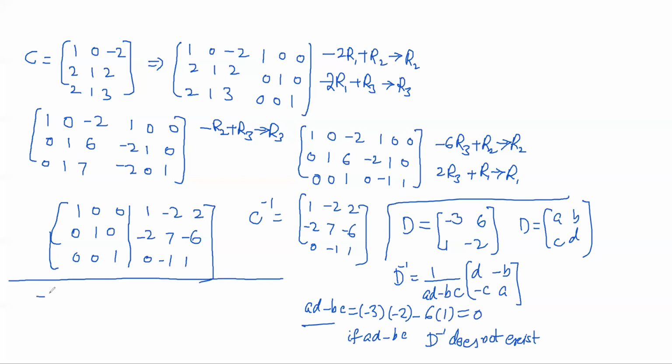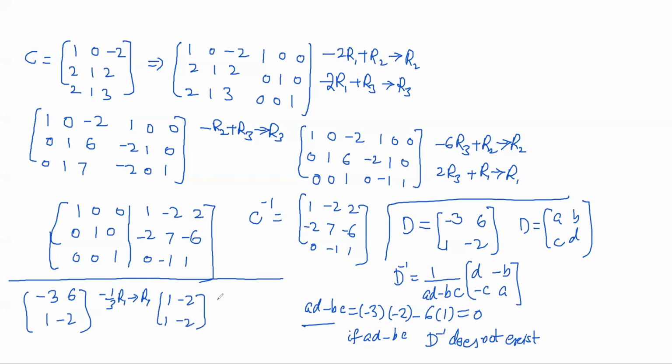We can also see it with the help of row operations. So minus 3, 6, 1, minus 2. The first row operation will be minus 1 by 3 row 1, that will be the new row 1, so it will be 1 minus 2.